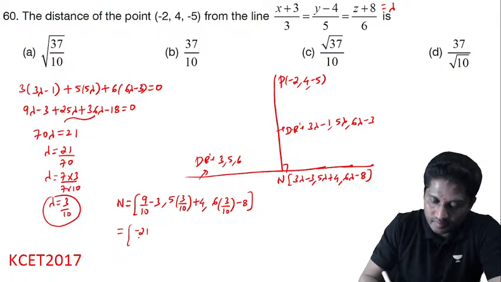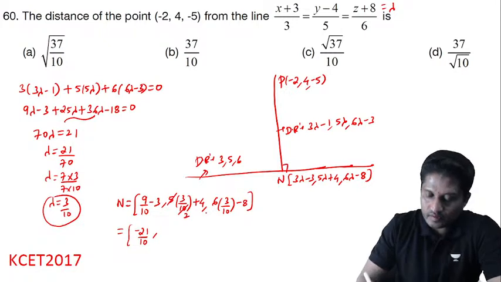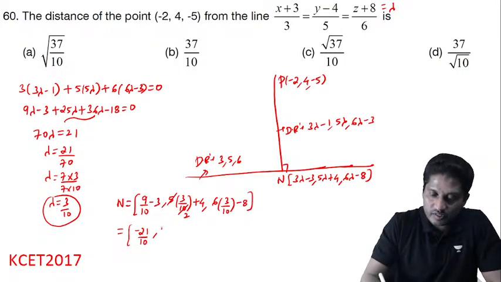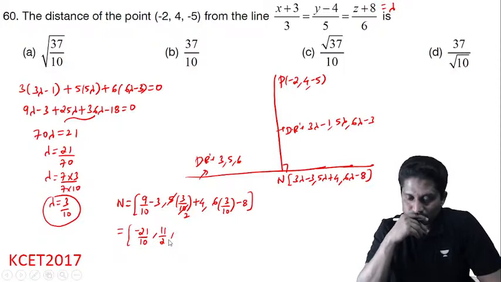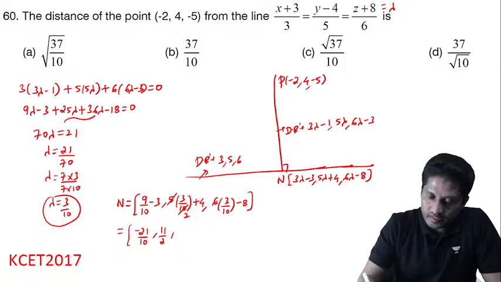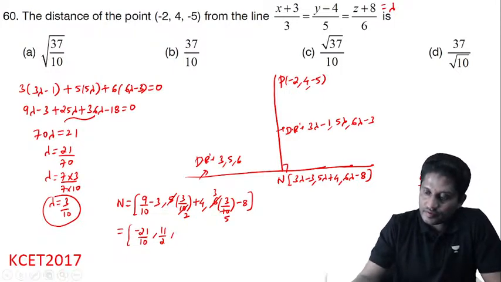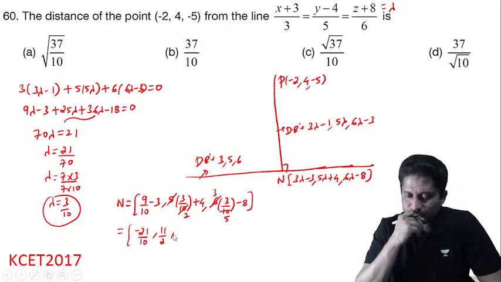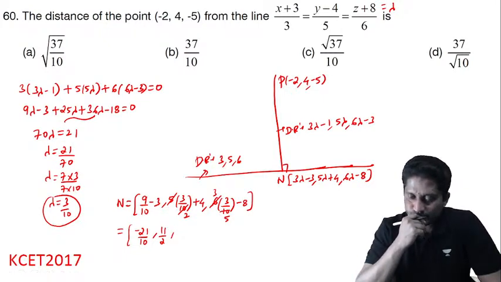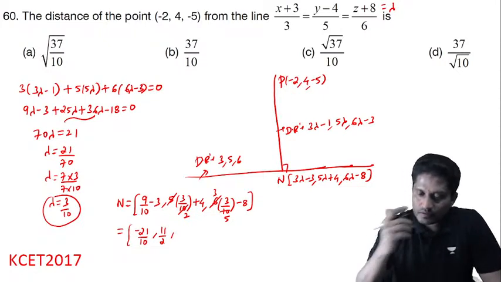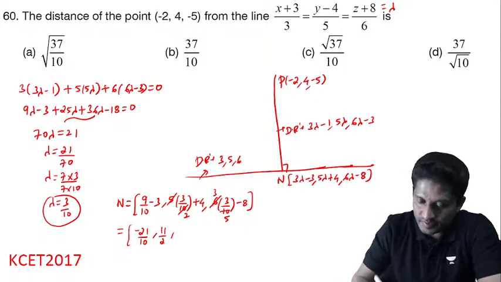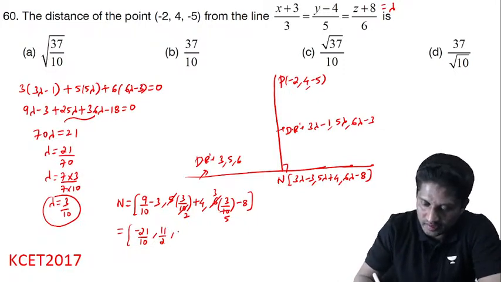This is minus 21 by 10, comma this will cancel 2 times, 4 2s are 8, 8 plus 3 is 11, so you get 11 by 2. And then this will cancel, 2 3s, 2 5s. You will get 9 minus 40 divided by 5, you will get minus 31 by 5.